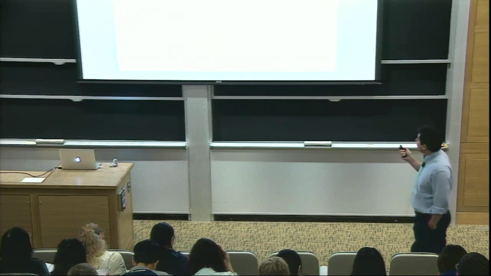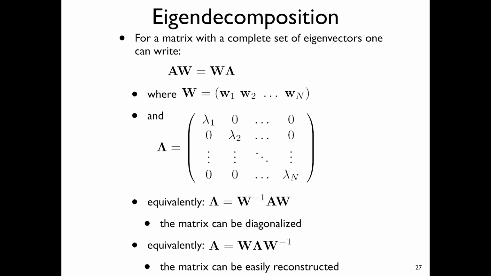For a matrix with a complete set of eigenvectors, we can write the following: A times a matrix W is equal to W times a matrix lambda. Let me tell you what W and lambda are. W is a matrix whose columns are made up of all of these eigenvectors, and lambda is a matrix whose diagonal values are each of the corresponding eigenvalues associated with those eigenvectors.